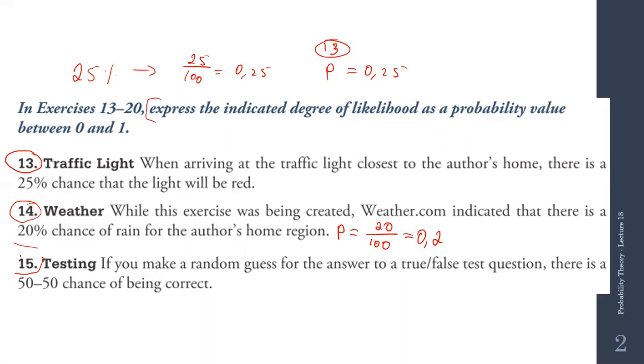This next question, exercise 15, says testing. If you make a random guess for the answer to a true-false test question, there is a 50-50 chance of being correct. A true-false question will be like this: the question text, and the answers true and false. You have two choices. Either you choose this one, or you choose this one.